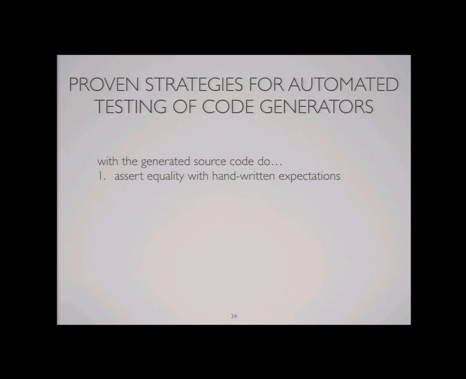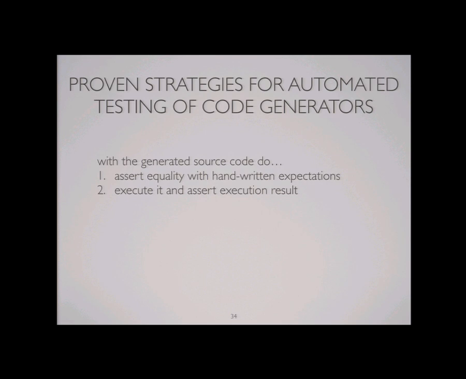We use this approach, for example, to test the Xtext compiler, the Xtend compiler. Then another interesting approach is generate code, compile it, and run it, and take the result of the execution.